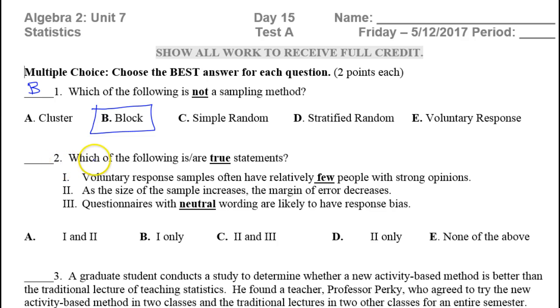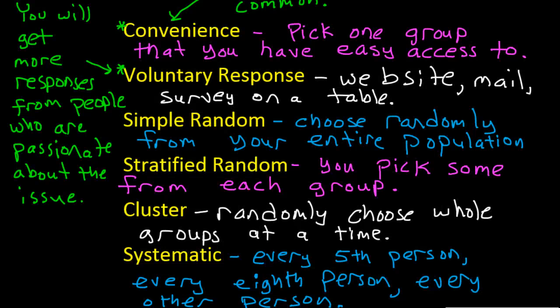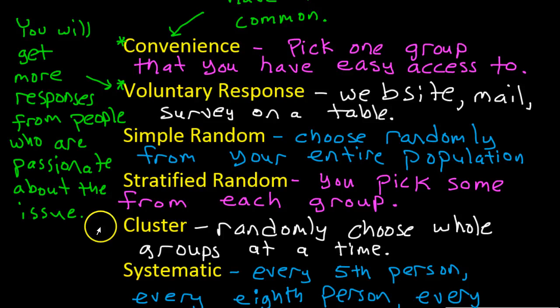Now, looking at number 2, which of the following is or are true statements? Let's see, voluntary response samples often have relatively few people with strong opinions. Okay, is that true? Well, that's the opposite of what I just said a minute ago.